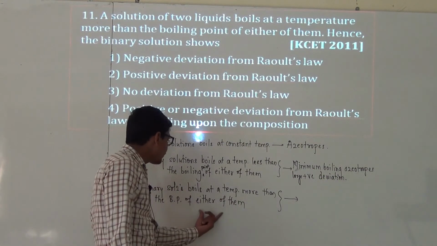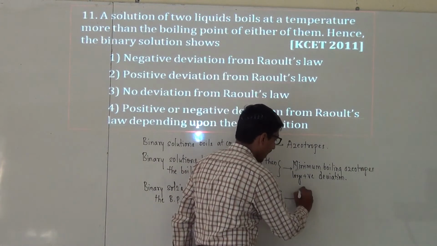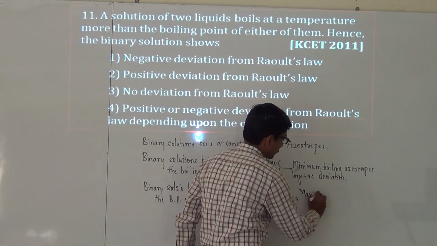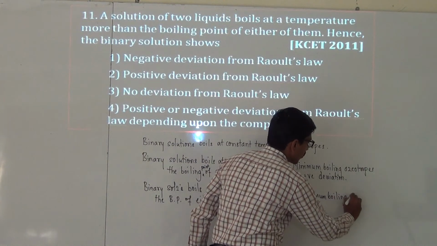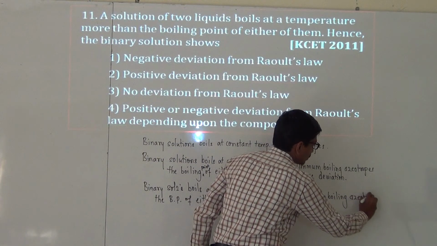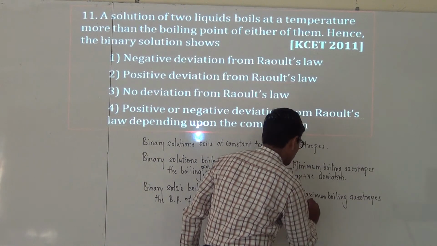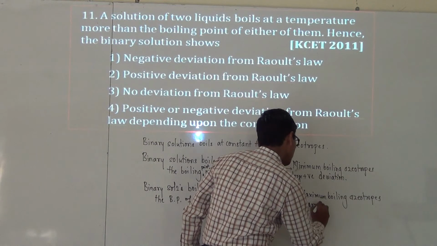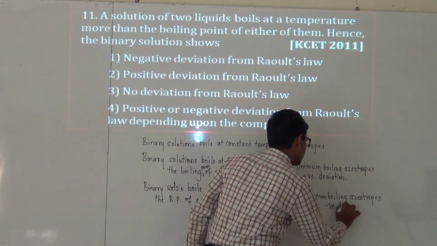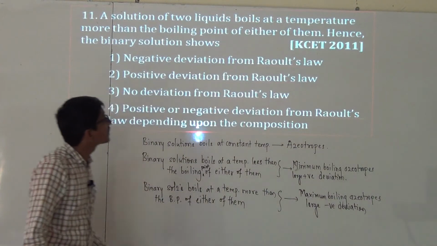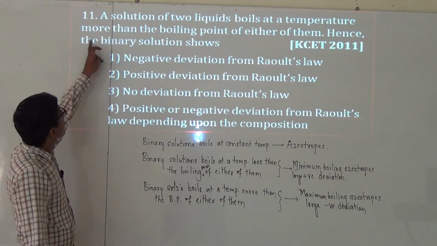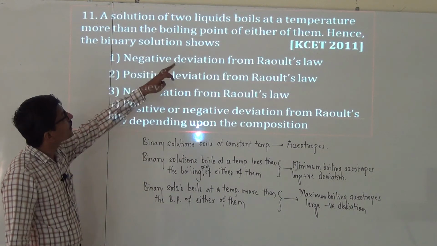More than the boiling point of either of them means maximum boiling azeotropes. These show large negative deviation, and the answer for this question is the one with more than the boiling point of either of them.